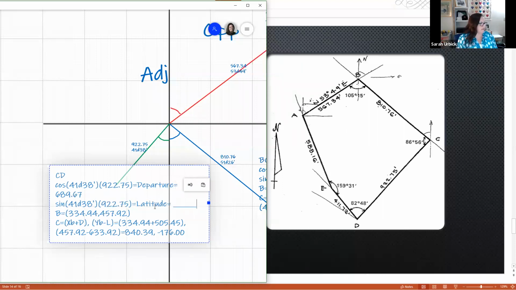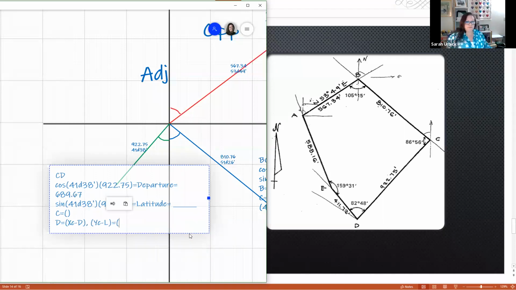So we want to know what the latitude is. We need our coordinates for C. We need our coordinates for D. Except we're going to subtract both of those values this time. All right. I'll be back in just a minute. I got to figure out why she's mad.